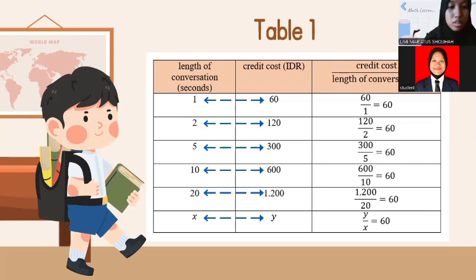We can use the form of the equation above to find the x value, length of conversation, if the y value, credit cost, is known, or vice versa.